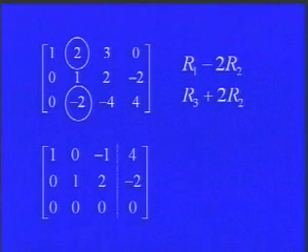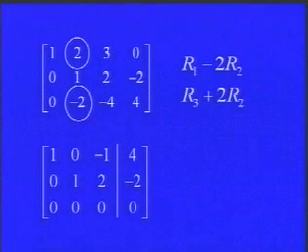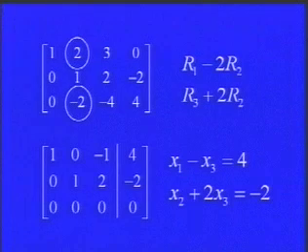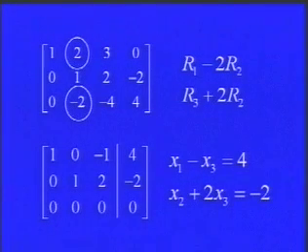Okay, so at this point, I'm ready to write out my general solution. Remember, it's an augmented matrix. So I can say x1 minus x3 is equal to 4, and then x2 plus 2x3 is equal to negative 2.